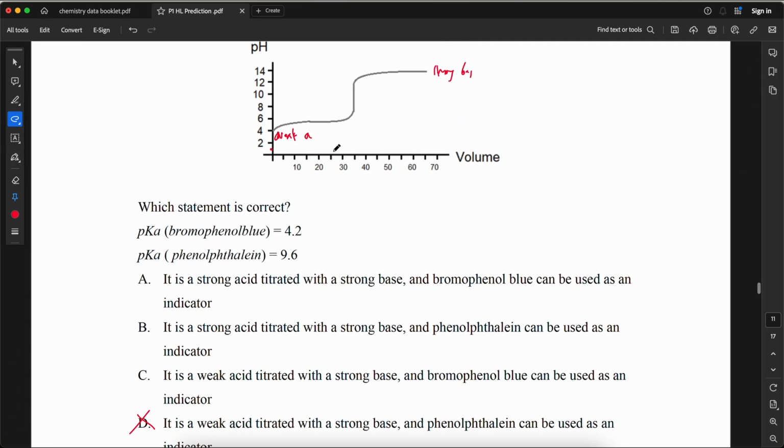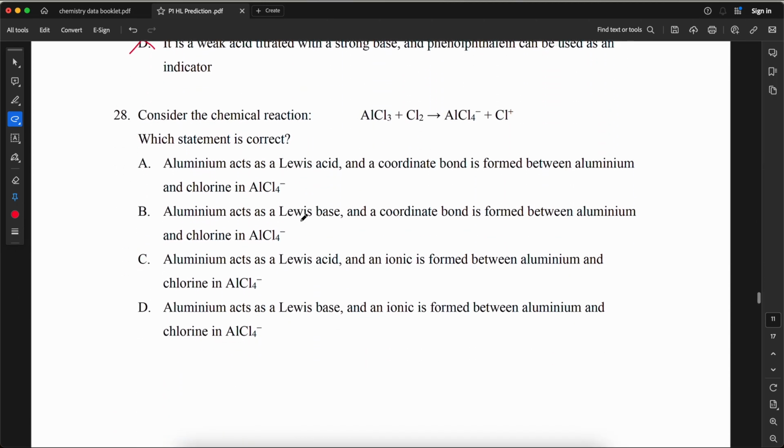When we look at the titration curve, this is the equivalence point. For the titration between a weak acid and a strong base, the equivalence point is bigger than 7. So we need to use the indicator near the equivalence point, which is phenolphthalein. Bromophenol blue is very low, so it's not near the equivalence point. The equivalence point is around 9 or 10, so this is the best option.